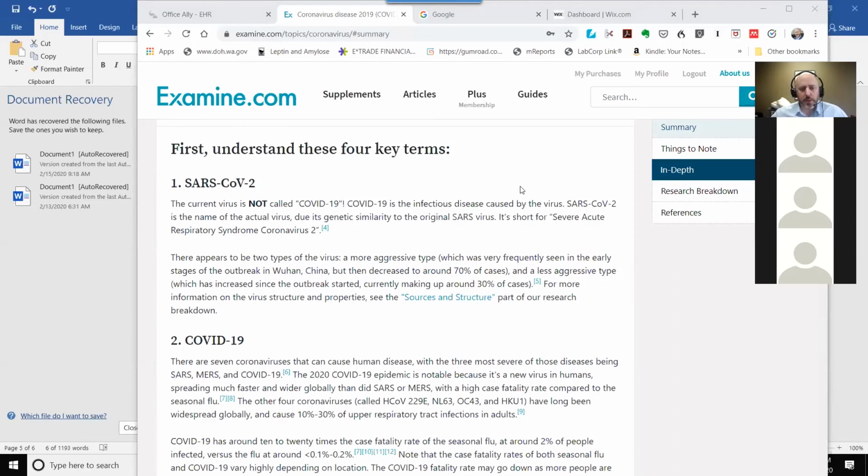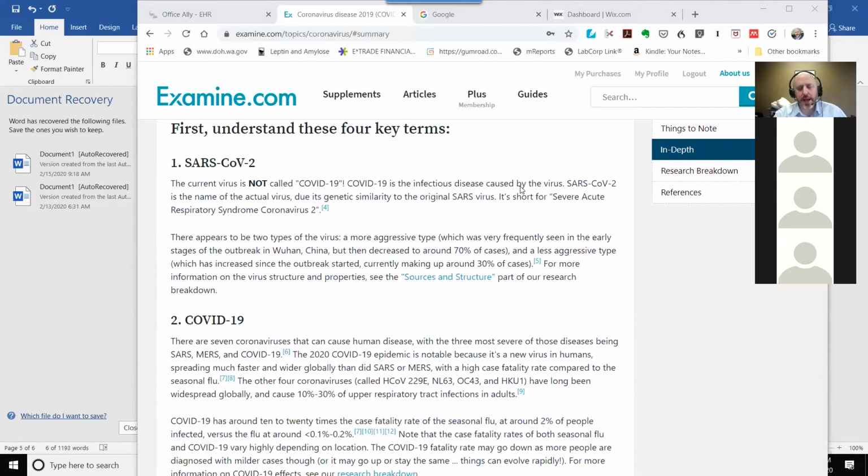And we talked about that there are now, when they're testing, several variants of it, and that SARS-CoV-2 is going to have a more aggressive type, and there are going to be milder types that start to show up in the community.